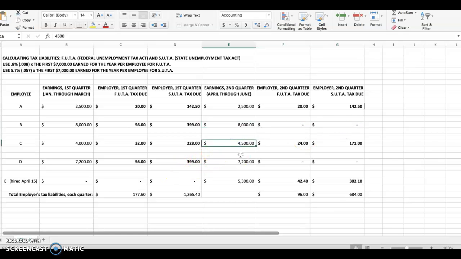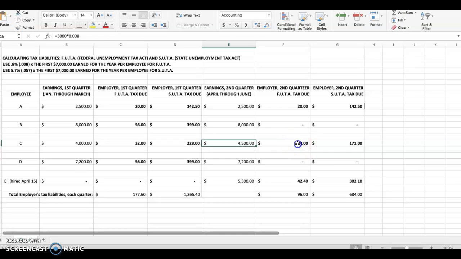Now, this gets complicated. If we look at employee C, first quarter, he or she earned 4,000. Second quarter, he or she earned 4,500, totaling $8,500. So that puts that employee over the 7,000. So now how do we calculate this?